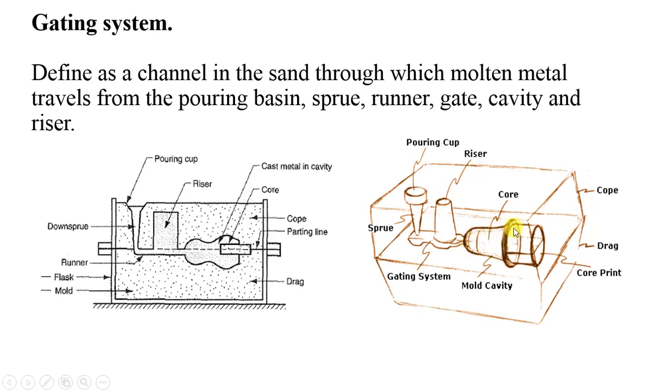Then a core is provided to get a hollow section in between. This dotted part you can see, this is nothing but a core. So only the space that will be filled is this one, which is around 2 to 3 thickness.